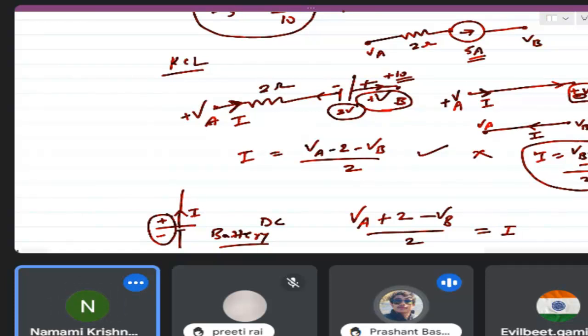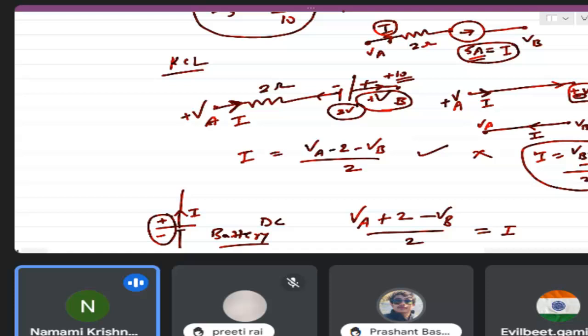Now, if I write the equation for this I, you can see this is a series circuit. This I is flowing through this current source also. So there is no need to write any equation. I is equal to 5 ampere only.